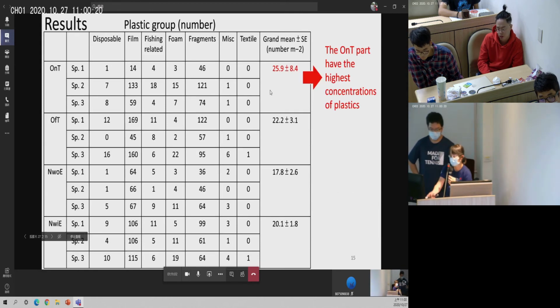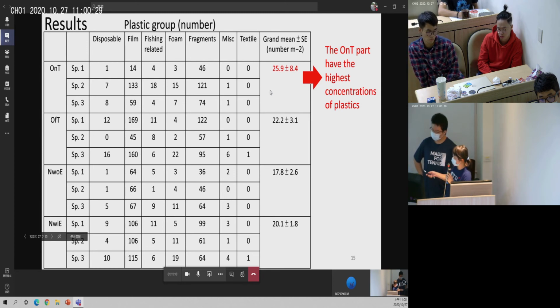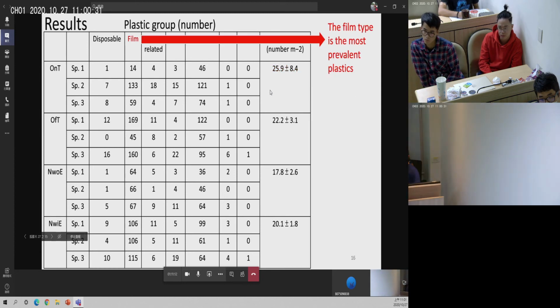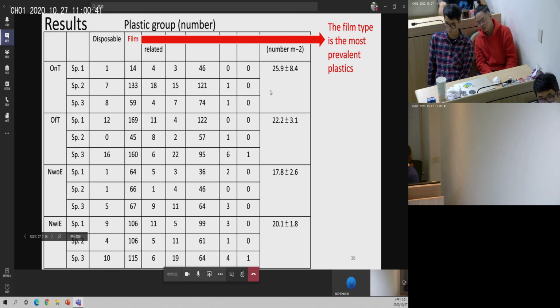So you see that if you make an abbreviation table yourself, you can give it color and highlight it. And again, if I were you, I would use some smaller icons of these plastics here.